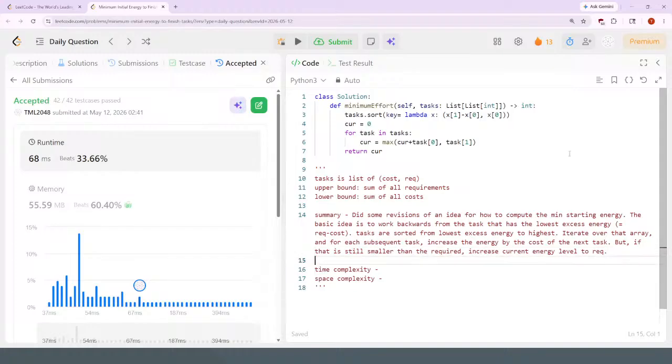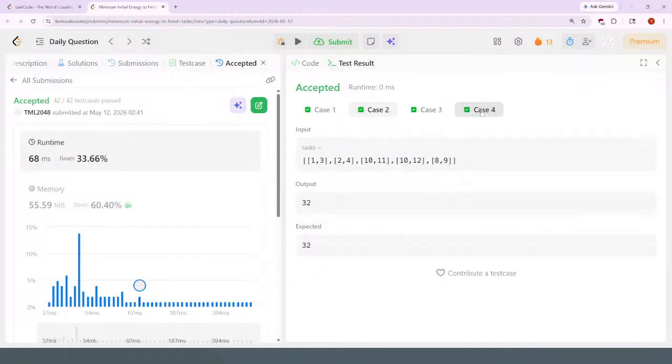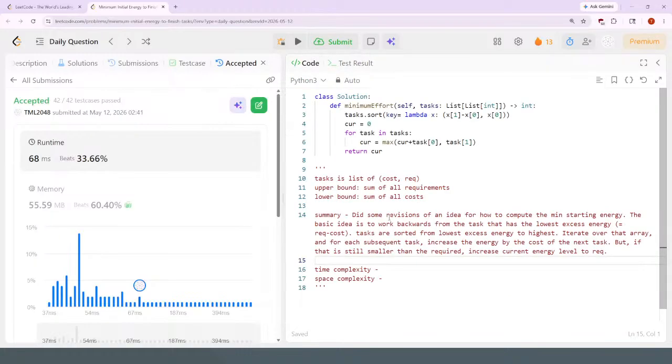So what's an example? Maybe I can use this as an example. Here, this has 10 excess, this task has 80 minus 25 is 55 excess.